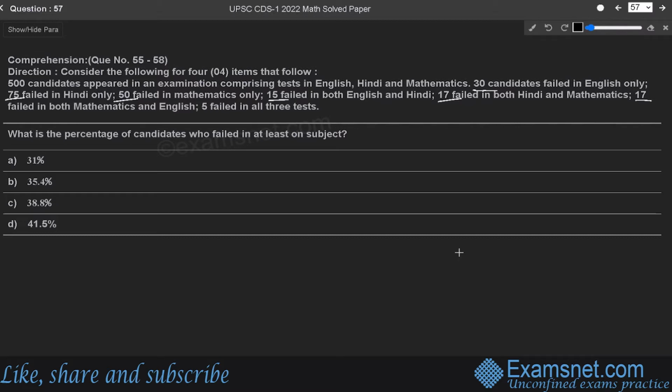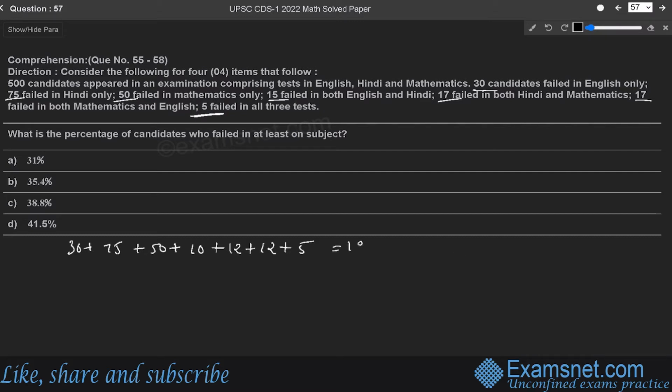So, the candidates who failed in at least one subject will be 30 plus 75 plus 50 plus 10 plus 12 plus 12 plus 5. You can see that 5 of the candidates failed in all the 3 subjects.